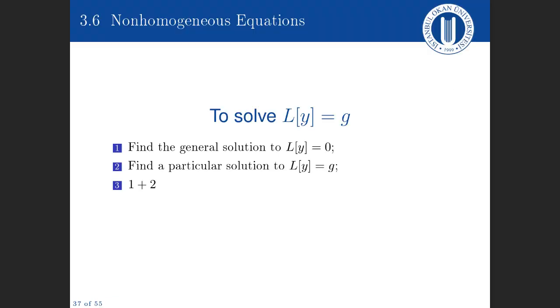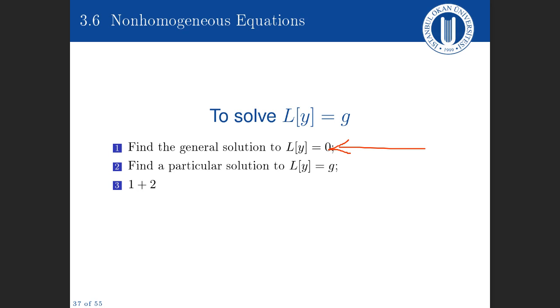So, to summarize, if I wanted to solve a non-homogeneous equation, L of y is equal to g, step 1 is find the general solution to the homogeneous equation corresponding to it. In other words, solve L of y is equal to 0. Step 2, we need to find a particular solution.